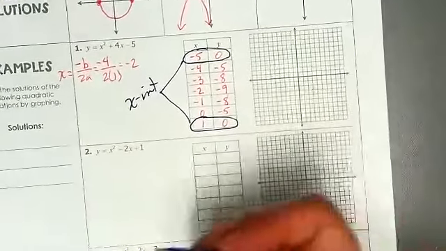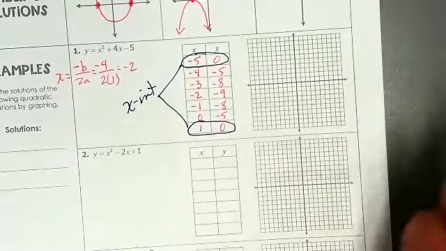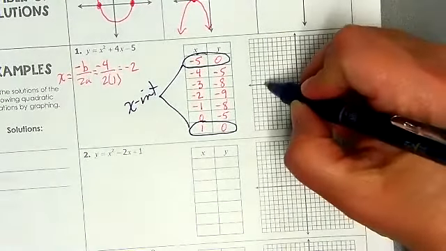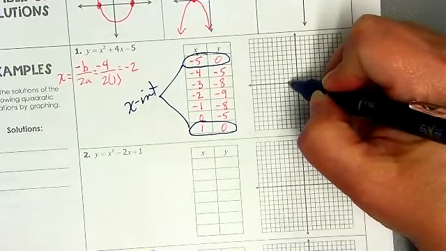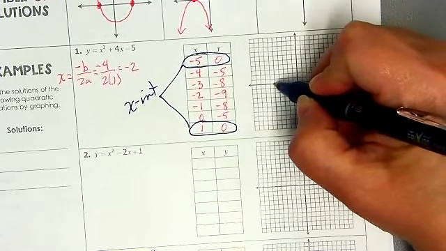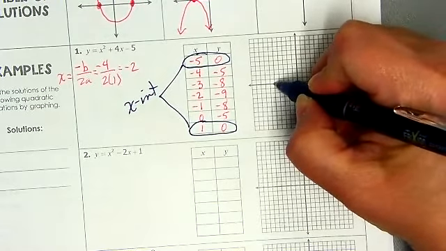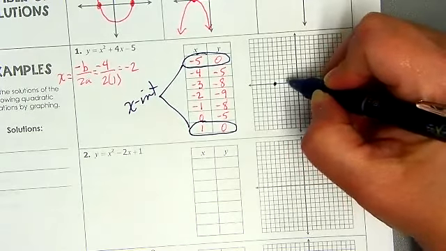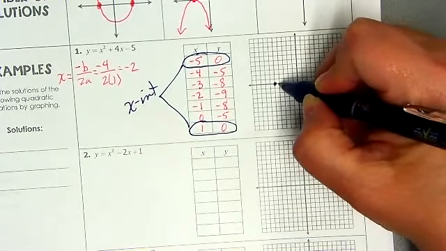Now we need to see, well, let's make sure it's got a graph that way. So I'm going to plot my points. So I'm going to have negative 5, 0. And I have negative 4, negative 5.